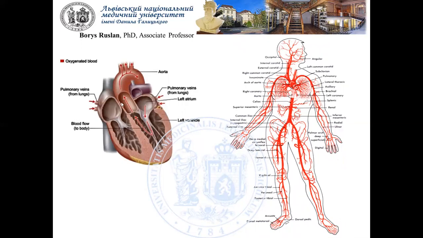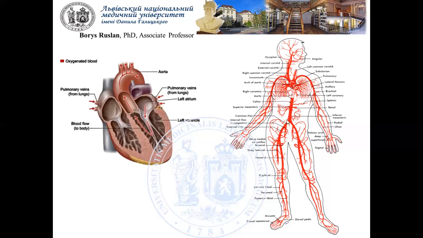Arterial blood goes into the arch of the aorta, the biggest artery in the whole body, right? After this, the arch of the aorta goes downward, and in this place it is called the thoracic aorta. The thoracic aorta passes through the diaphragm, musculus phrenicus, the largest breathing muscle, and is called the abdominal aorta.